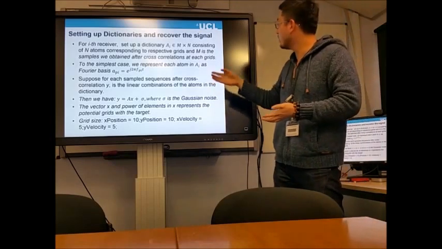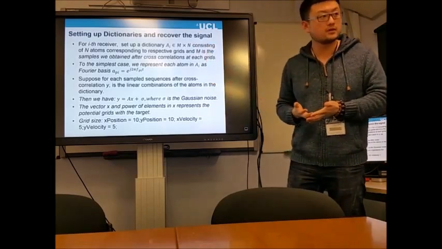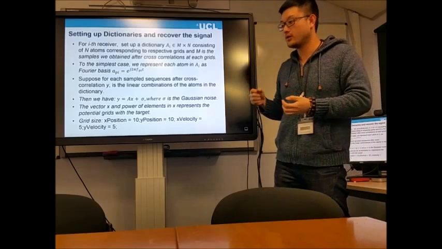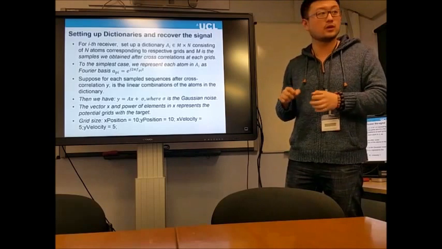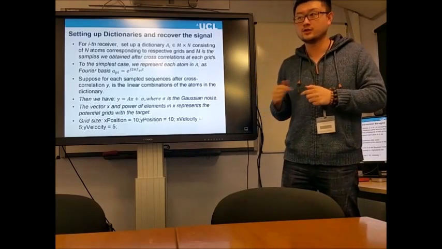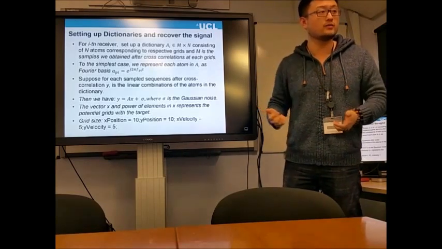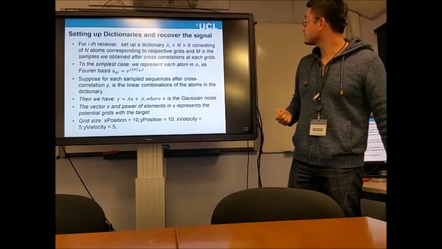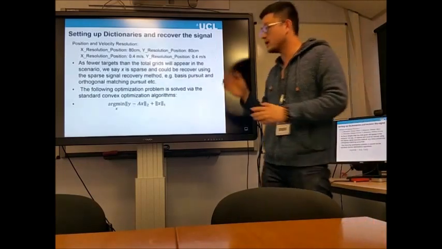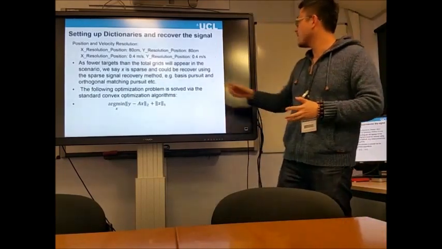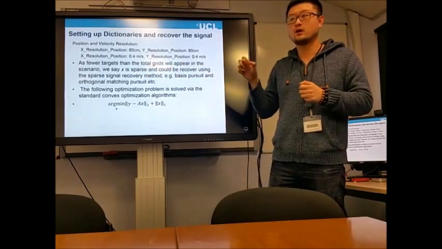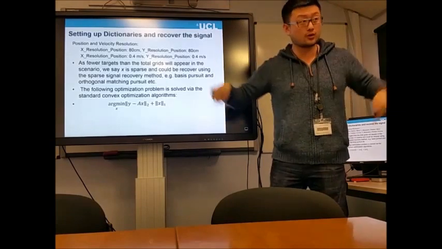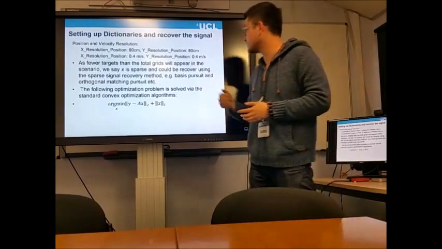And we want the super resolution, which is very feasible for this application, which is the localization within 0.2 seconds in an indoor environment. And because n is much larger than m, and we know in the vector x there are fewer targets than the number of grids, so x is sparse.